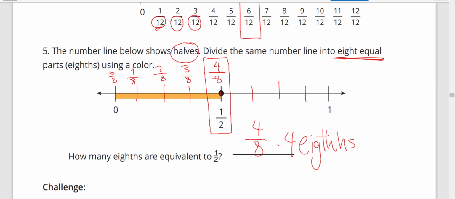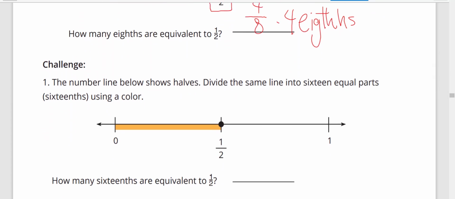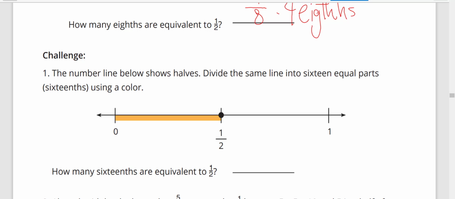Okay. Challenge. The number line below shows halves. Divide the same line into 16 equal parts using a color. So we want to divide it into 16.